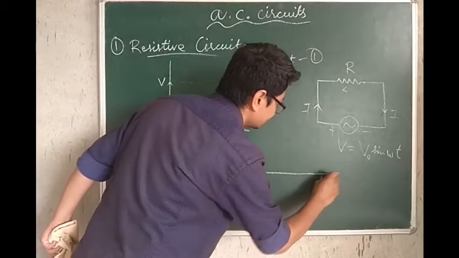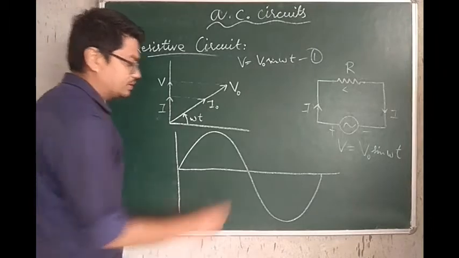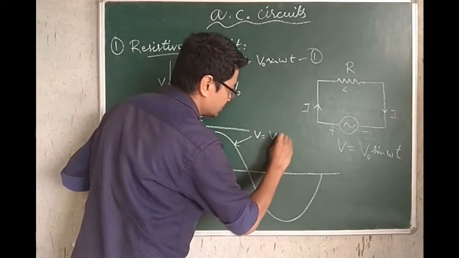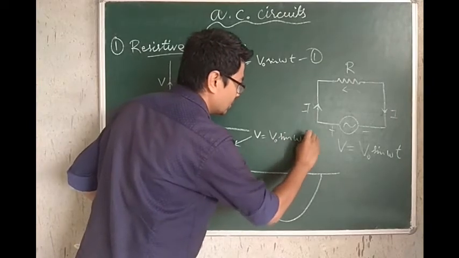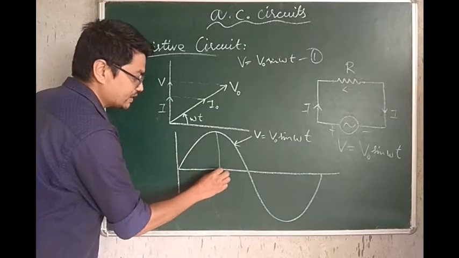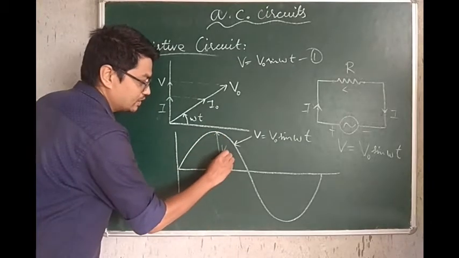So if this curve represents your voltage, V, which is V naught sine omega t, then this is the peak value of the voltage, V naught.